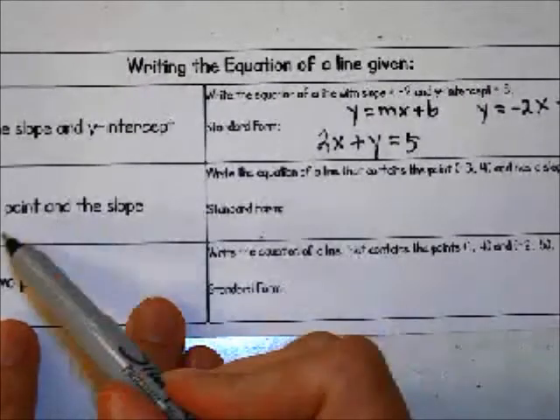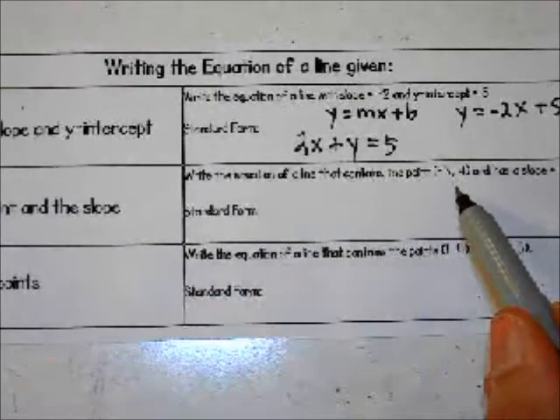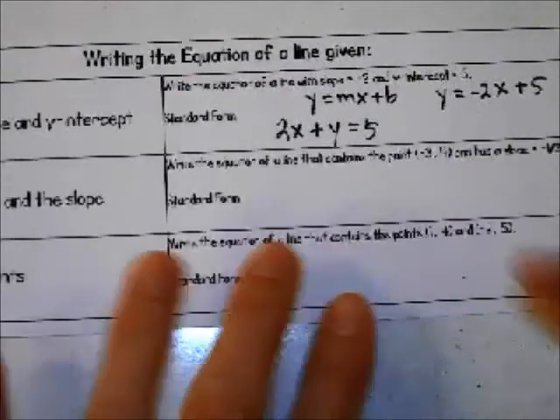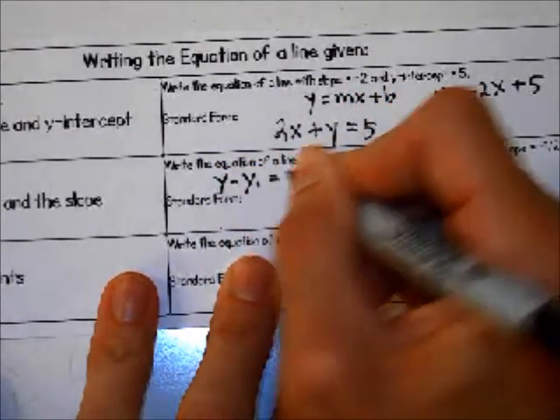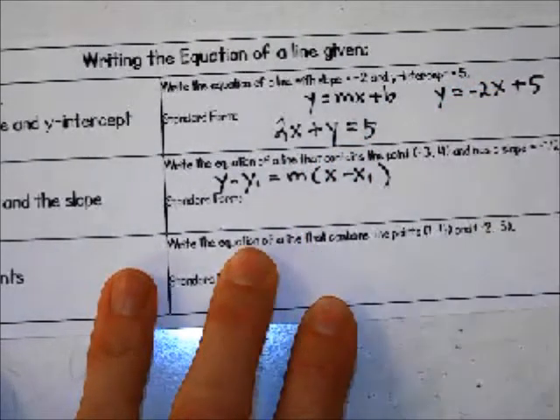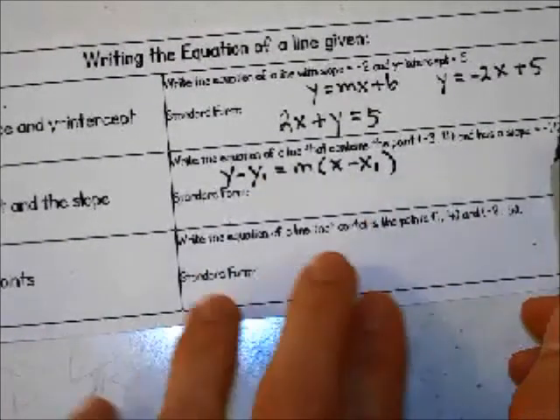All right, now we have a point and the slope. So if you have a point, here's the point, and you have a slope, then you can use the point-slope form, which is y minus y1 equals m times x minus x1. We're going to put this point into the x1 and y1 spot, and this slope into the m spot.